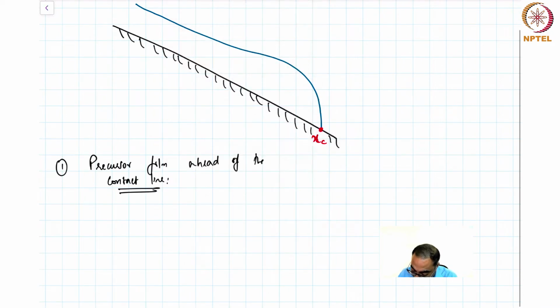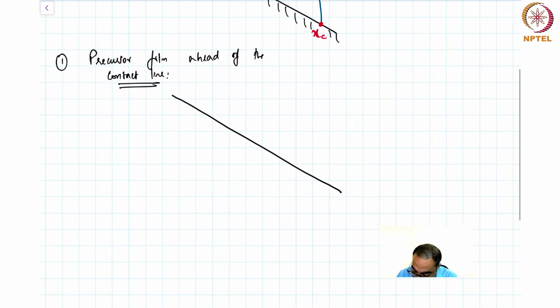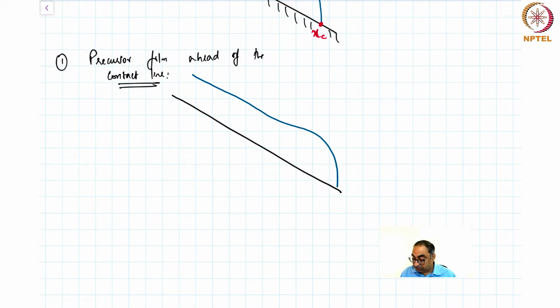Let's consider a thin plate like this, and we have a contact line problem. If you notice carefully, I haven't really completed my drawing, for a very good reason. The argument is that when you approach the contact line, beyond this point there is a very thin, microscopically thin film in front.